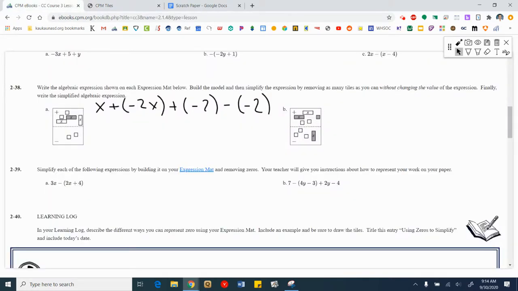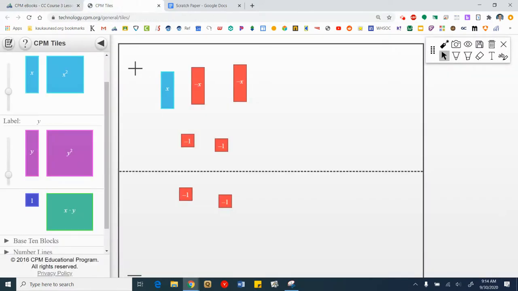All right, after building, we want to simplify the expression by removing as many tiles as we can without changing the value. So I'm going to see what I can take away here. Now, if I have an x and a negative x, those two cancel each other out, we can remove it.